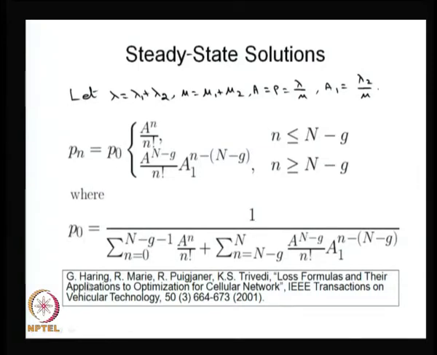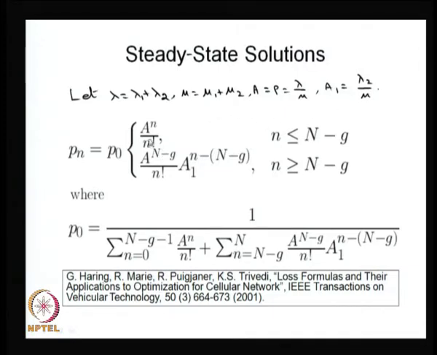This result is available in the following paper. Here lambda is nothing but lambda 1 plus lambda 2, and mu is nothing but mu 1 plus mu 2, and those mu i's are n times mu, and A is rho, that is lambda by mu here, and A1 is lambda 2 by mu, because the birth death process has the birth rate lambda and after that lambda 2.